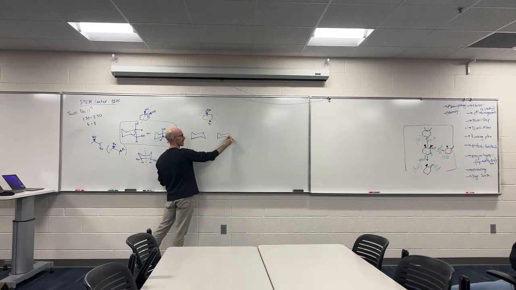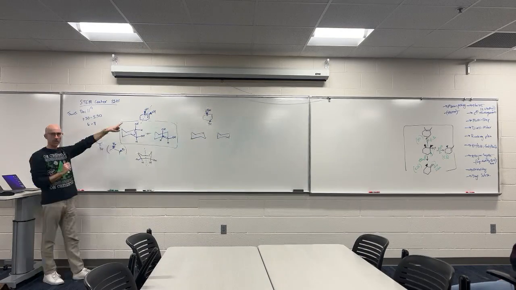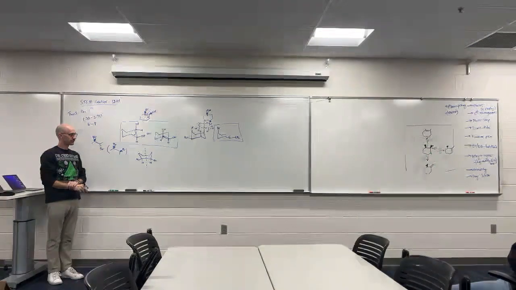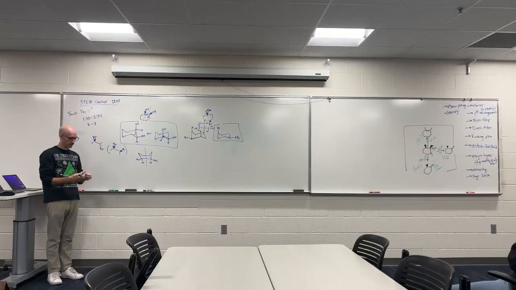Okay, here's another fun fact. This comes back to relate to E2. Bromine here in an up equatorial position is not anti with the beta hydrogen. Equatorial bromine and beta hydrogen are not anti. We could prove it by looking at the Newman projection through the ring, but we would see that they're both in equatorial positions.